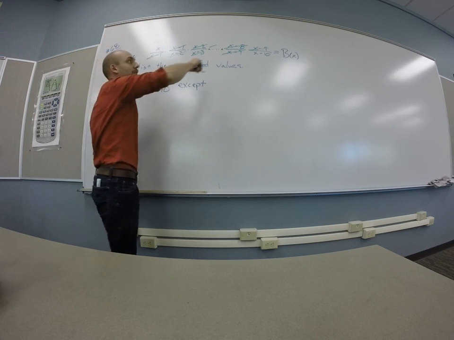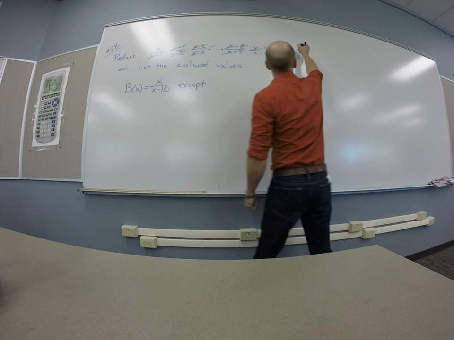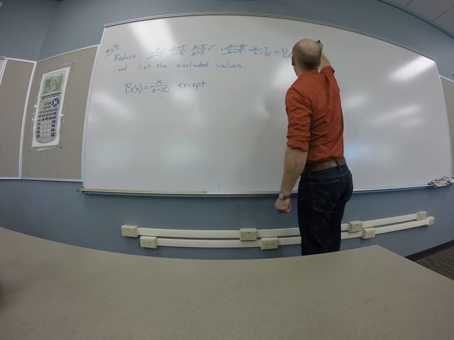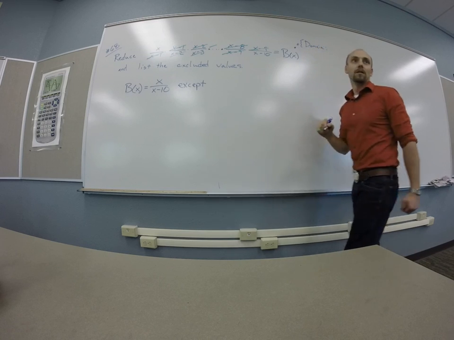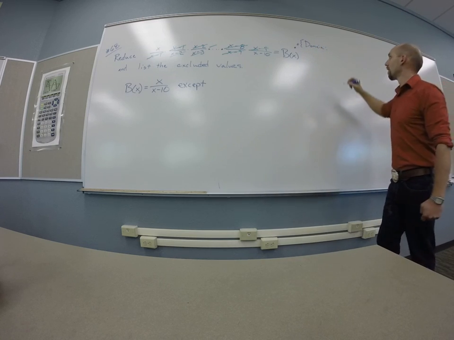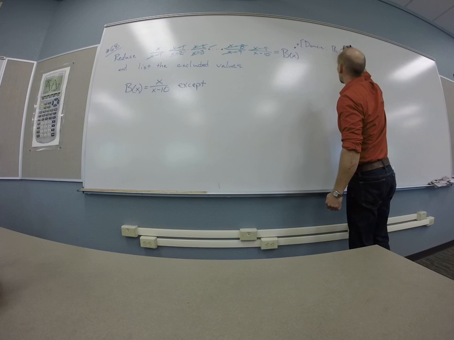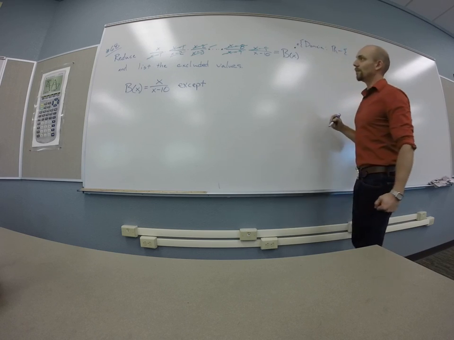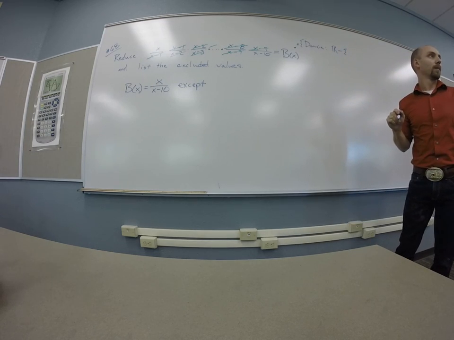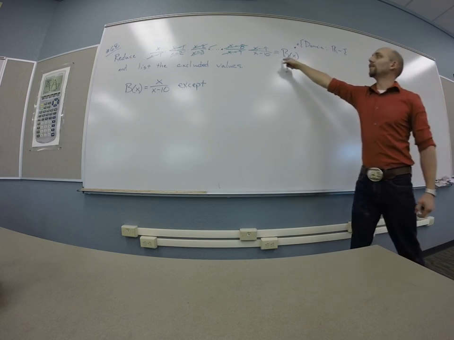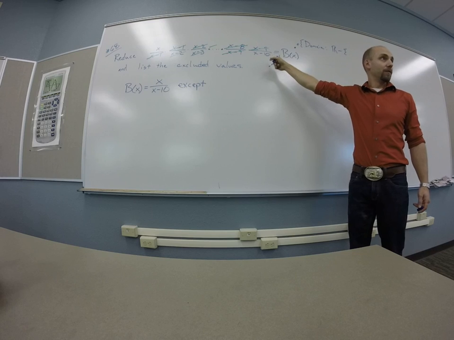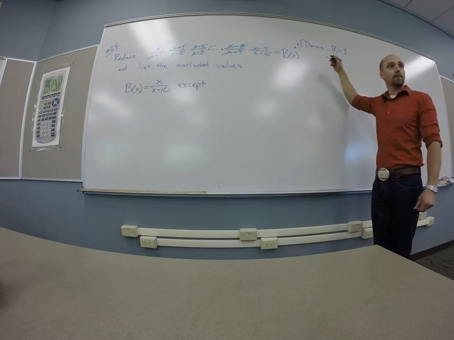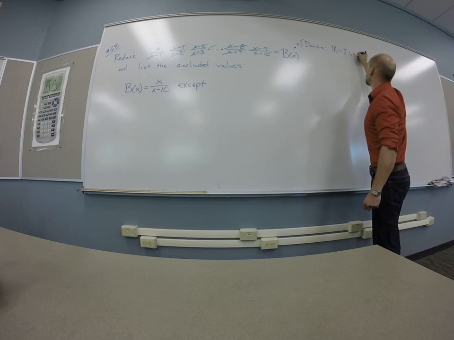Gotcha. So when I think about the domain of this thing, it has a domain of everything in between the numbers, but not the numbers themselves. And the domain of this guy is numbers except the ones that make me divide by 0. And the ones that made me divide this formula by 0 are 1, 2, 3, 4, up to 10, because 0 times all of those is still 0.